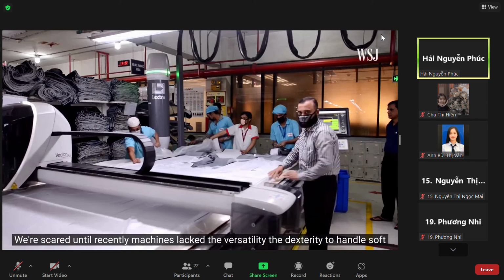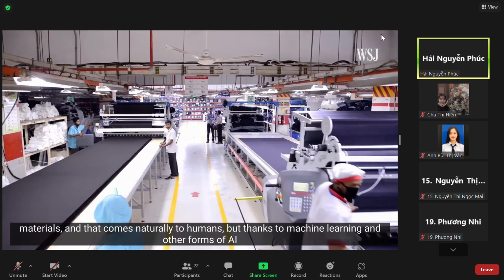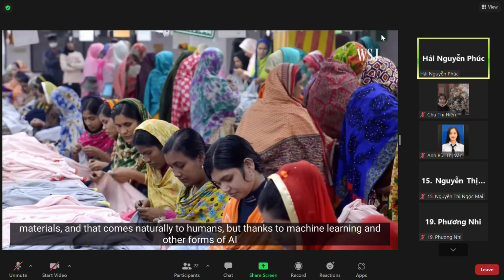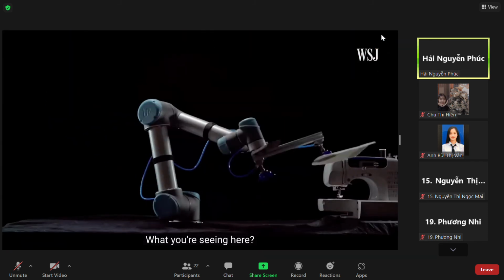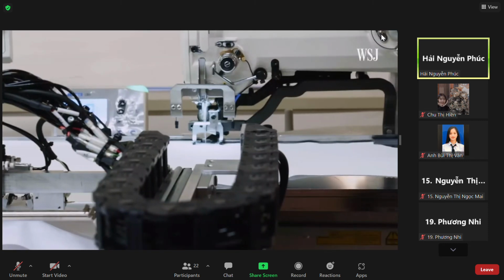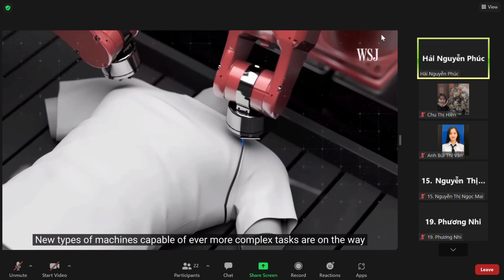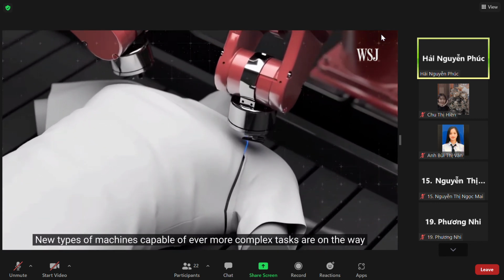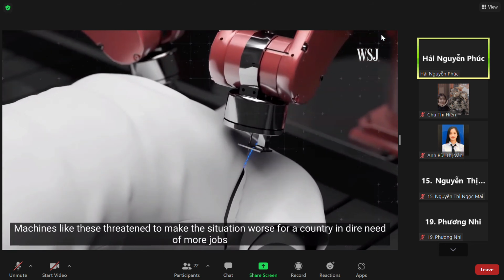Until recently, machines lacked the versatility, the dexterity to handle soft materials that comes naturally to humans. But thanks to machine learning and other forms of AI, what you're seeing here may be just the tip of the needle. New types of machines capable of ever more complex tasks are on the way.